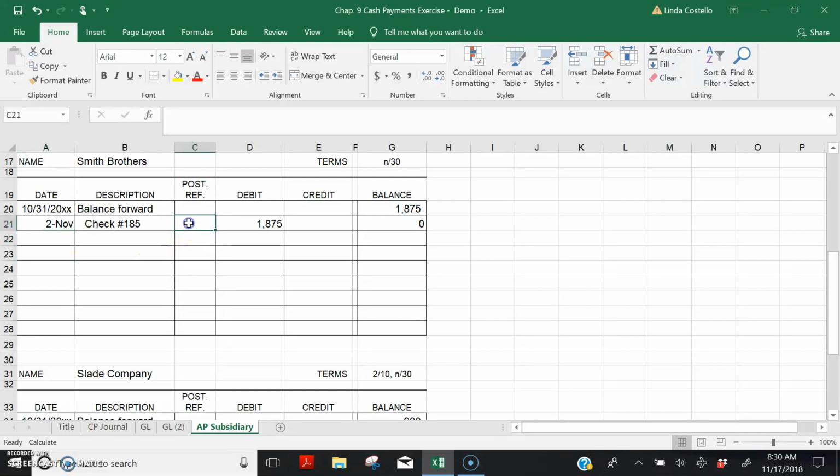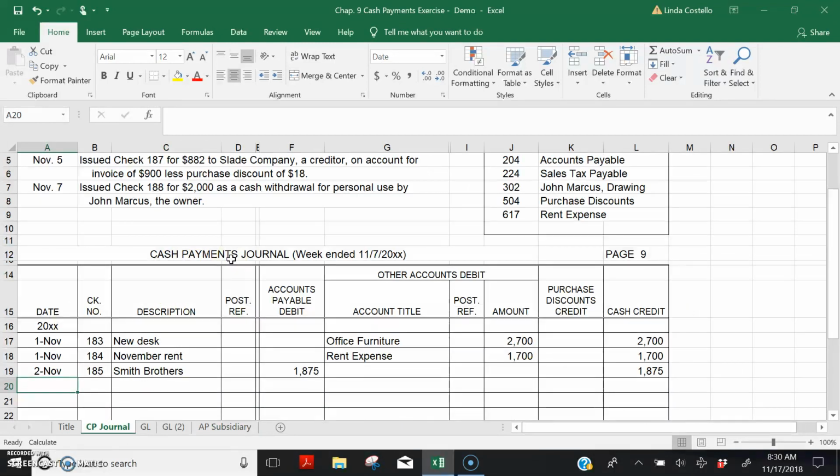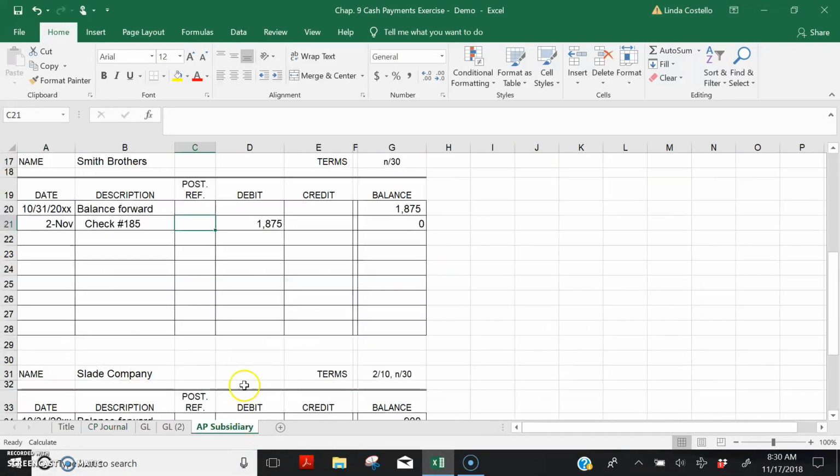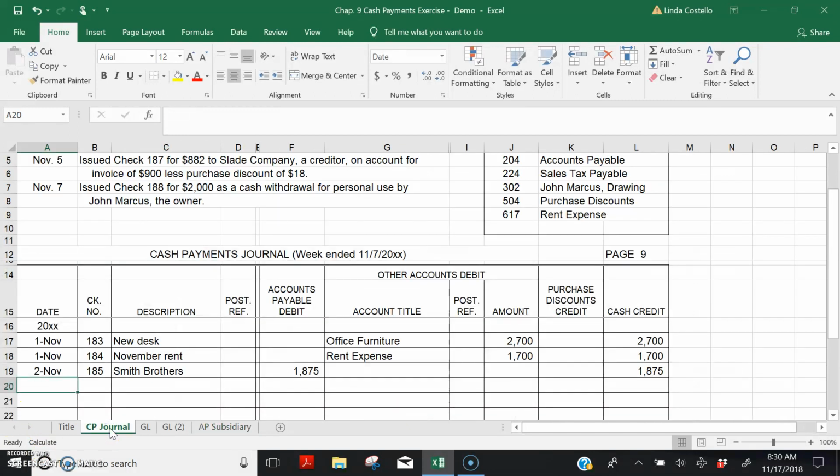The posting reference is the journal page where the amount was originally recorded, Cash Payments Journal, or CP9 in this case. Return to the Cash Payments Journal and record a check mark in the posting reference column next to the $1,875 debit to accounts payable.